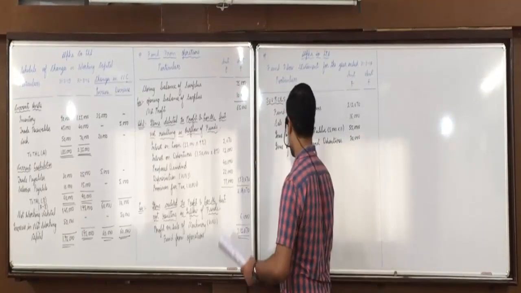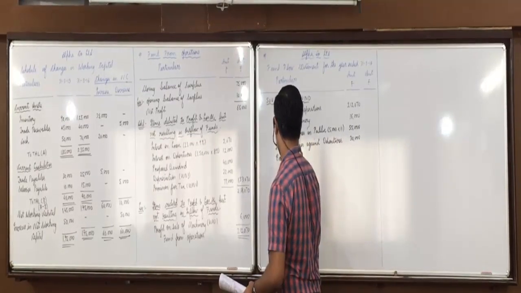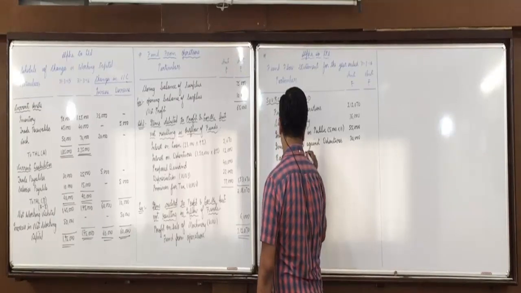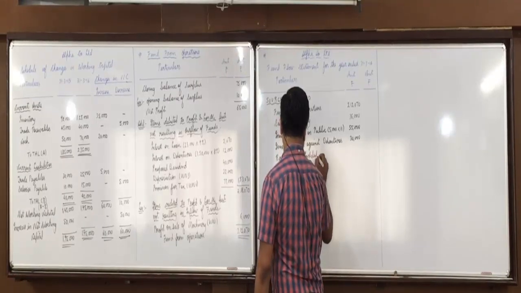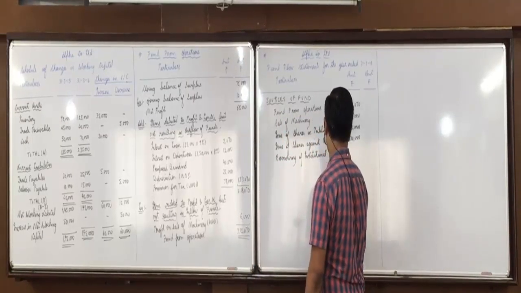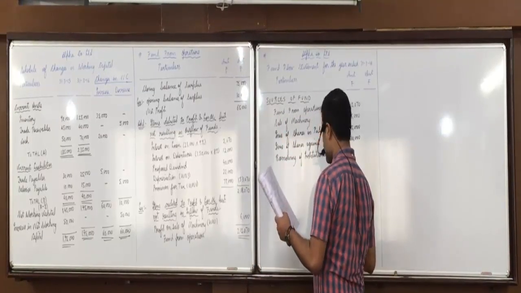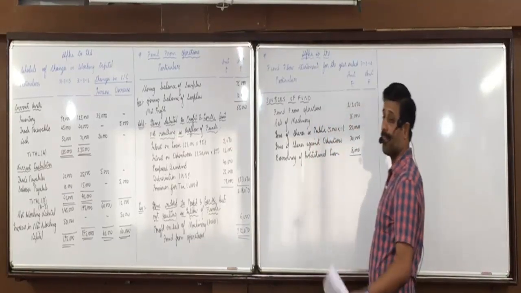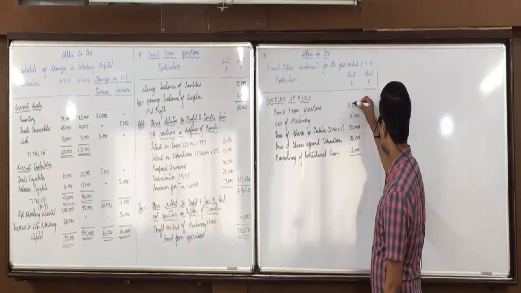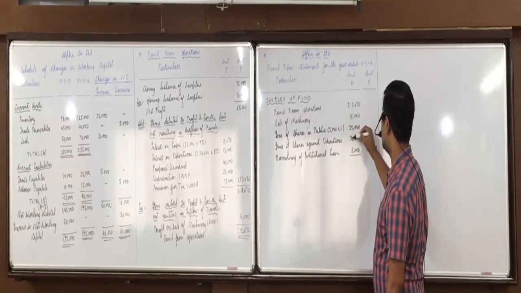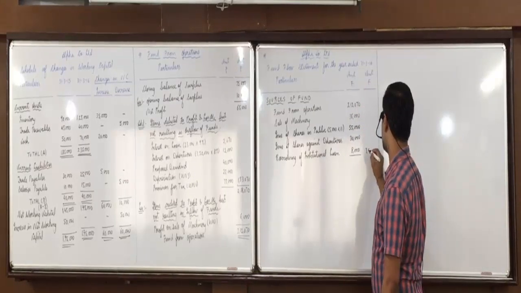So institutional loan is also marked as borrowing of institutional loan. You can see in the balance sheet 15 and 23,000 means 8,000 is borrowing of institutional loan. Okay, so total sources are 3,41,070.